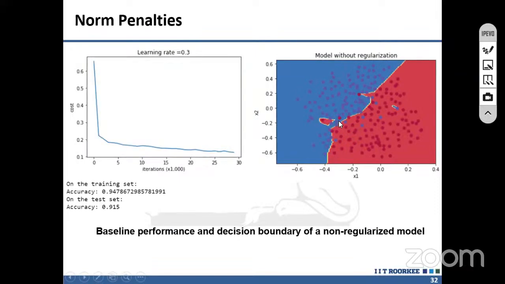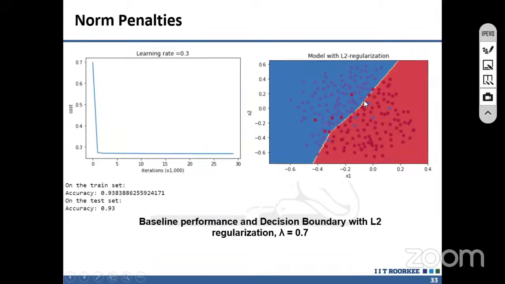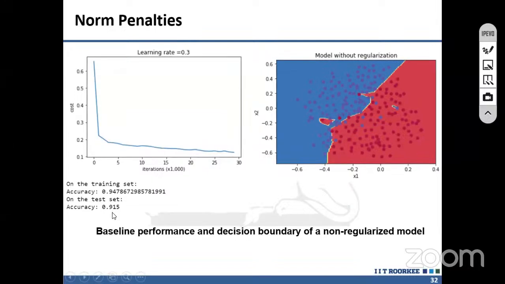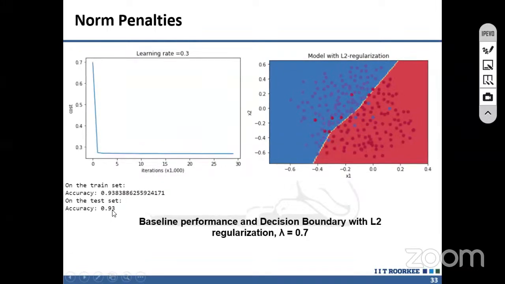Though some data points are in error, with L2 regularization it is more or less a better model because it will give you correct results on the testing data set. You see in the testing data set, without regularization the accuracy was 91.5, whereas after regularization it is 93%.